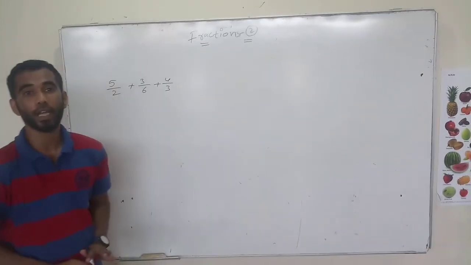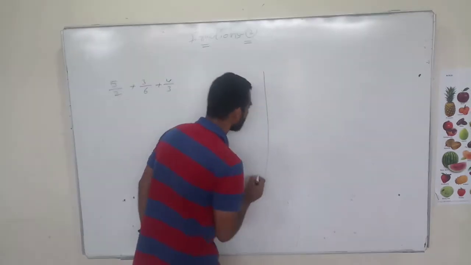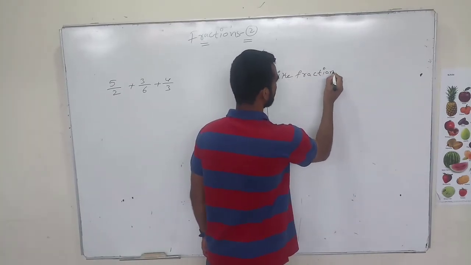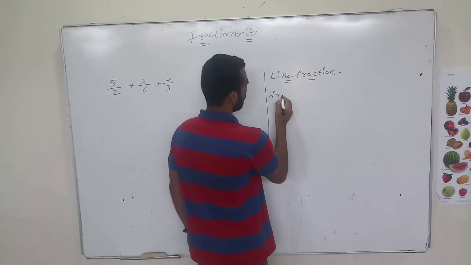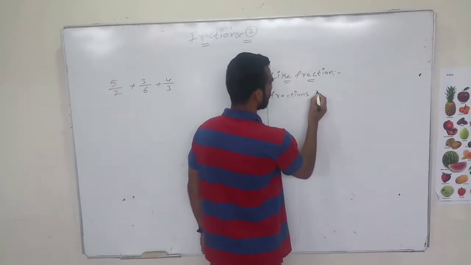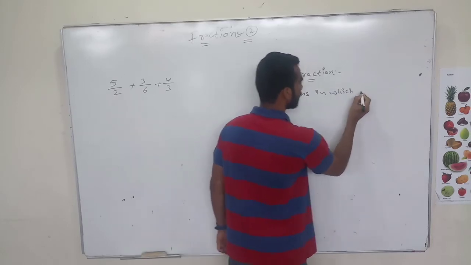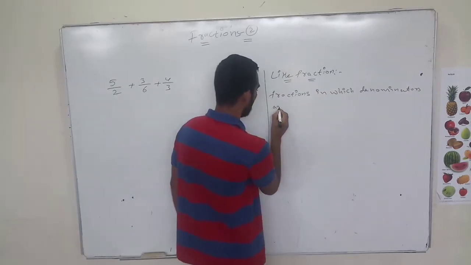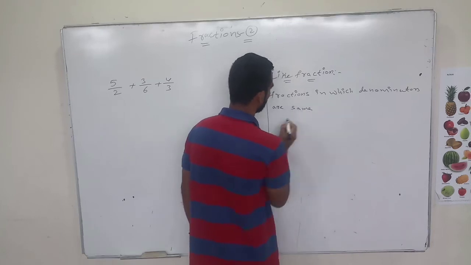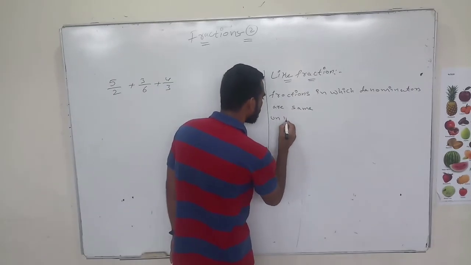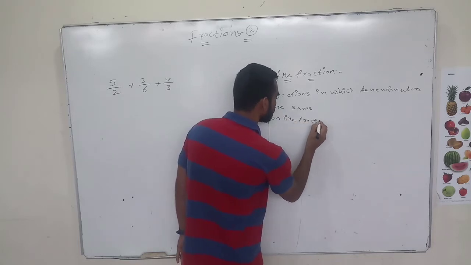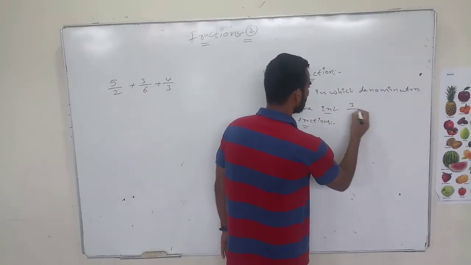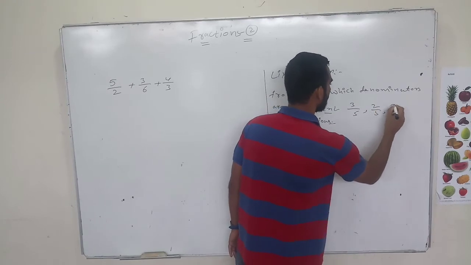What is a like fraction? Fractions in which the denominators are the same are like fractions. For example, 3 by 5, 2 by 5, 7 by 5.